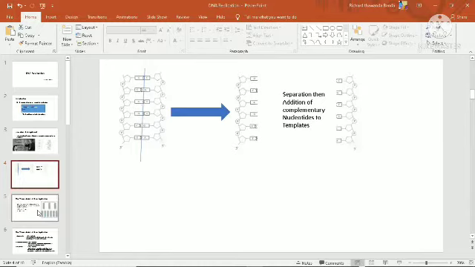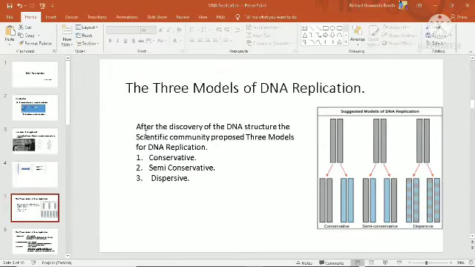So after the discovery of the structure of DNA, the scientific community came up with three models on how this DNA replicates.